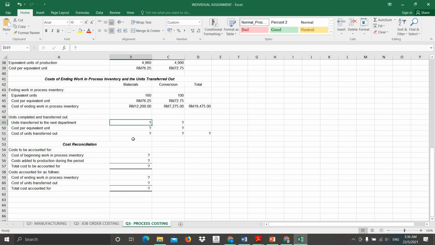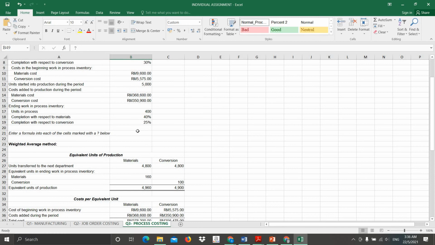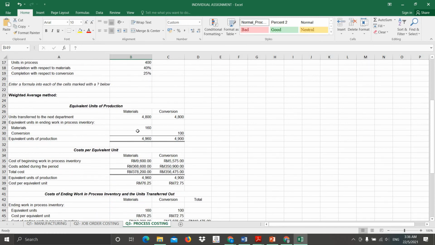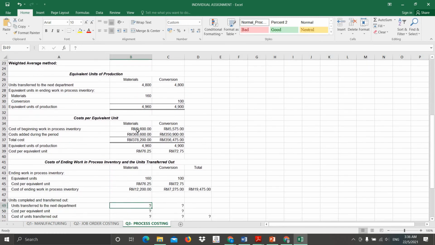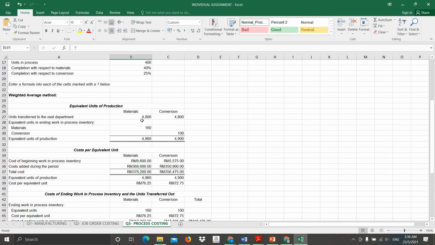Then for unit transferred to the next department, we can get it from here.